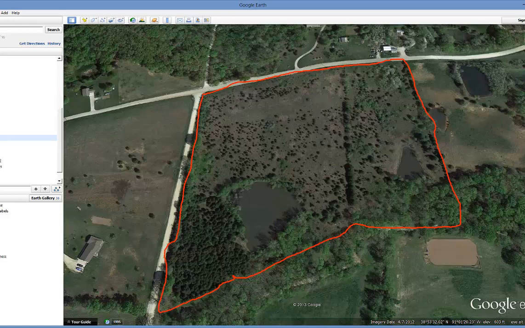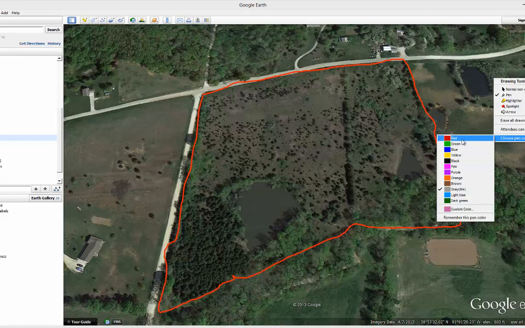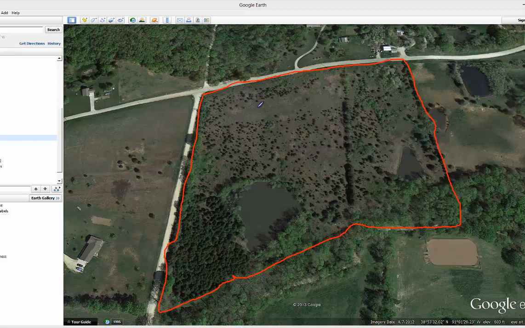I'm going to pull up my drawing tool here and write a little bit. Okay, what we have here, you see this area in here.